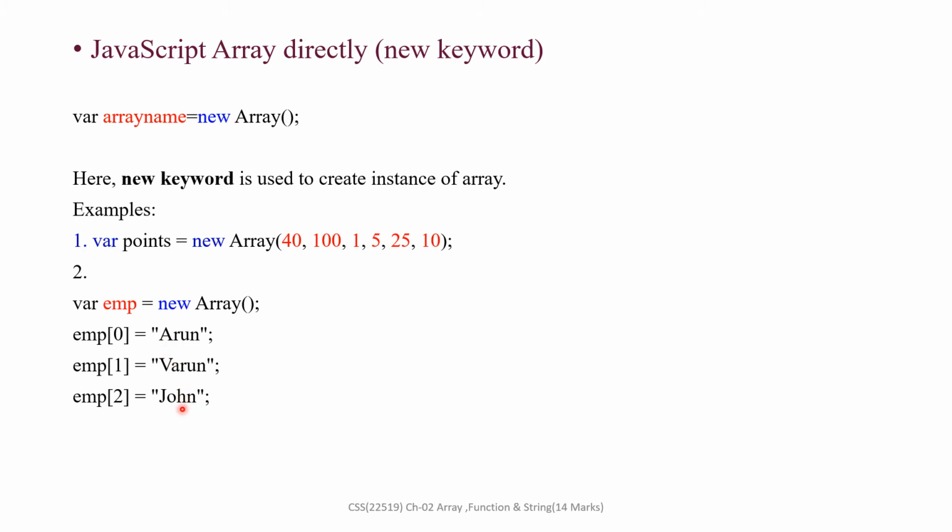In the second example, emp0 means index pointer 0 assigns the employee name, that is Arun. Then index pointer 1 Varun, index pointer 2, that is John, and so on. In the array, we know that the index pointer always starts with 0, then 1, then 2, up to n number of elements.